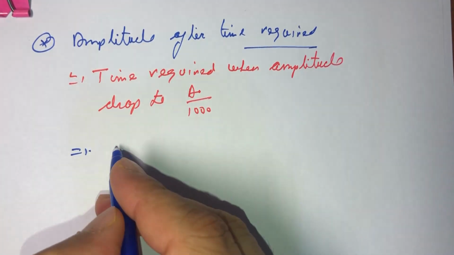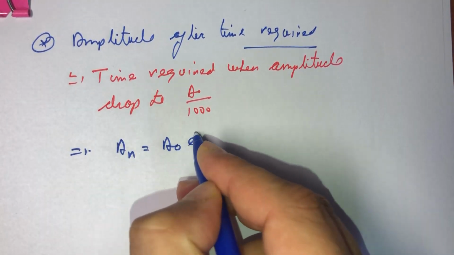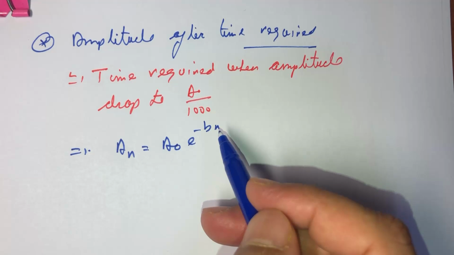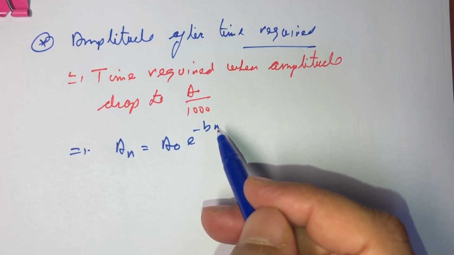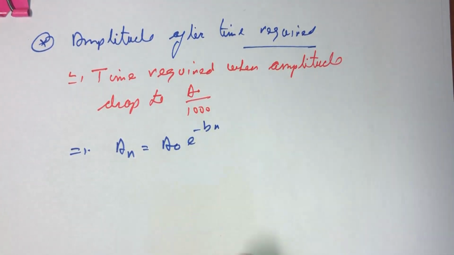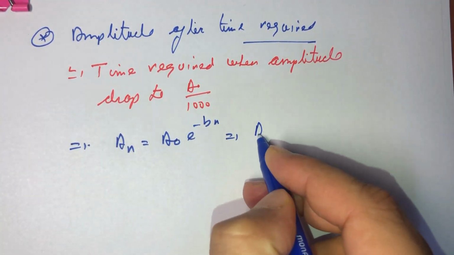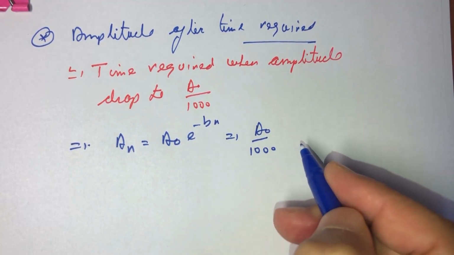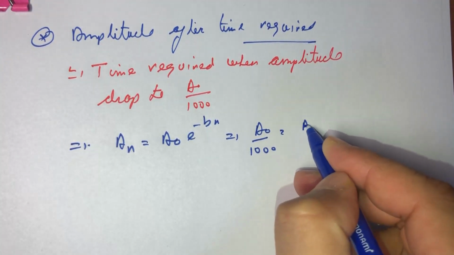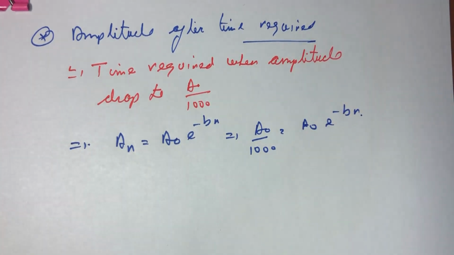So once again we are going to use A n is equal to A naught e raised to power minus bn, and here the value of n is 1000, sorry, not 10,000 but 1000. So we can write A n will be equal to A naught divided by 1000, and this becomes A naught e raised to power minus bn.